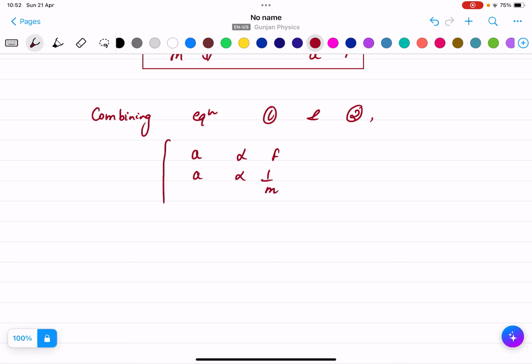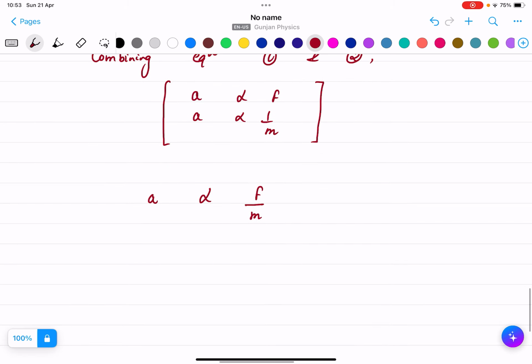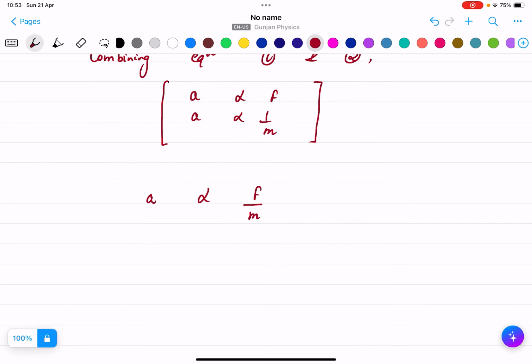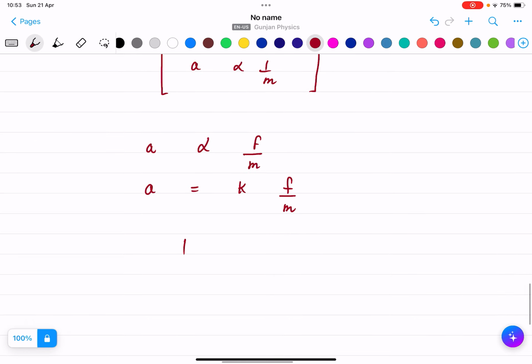By combining these two equations, can I write acceleration is directly proportional to F by m, right? That means if I am removing this proportional sign, there will be a constant here. Suppose the constant is k, and the value of k is 1. That means I can deduce A equals F by m.